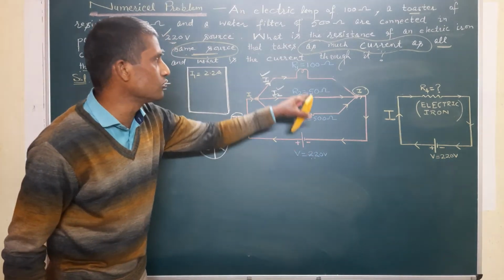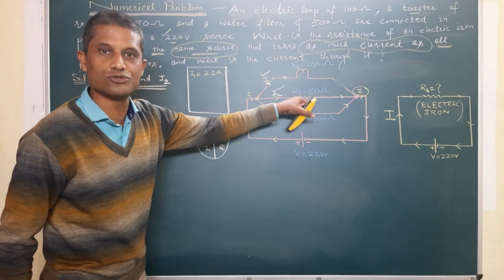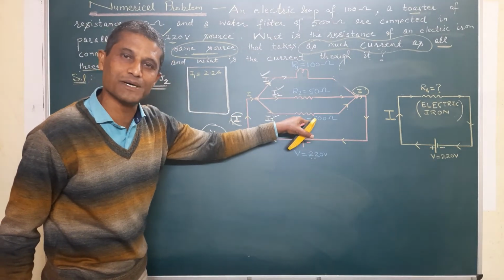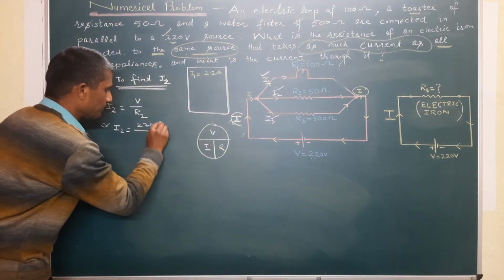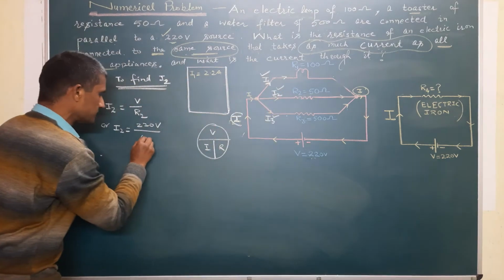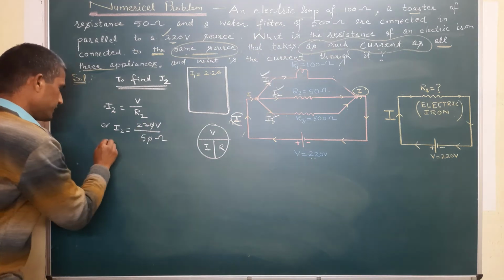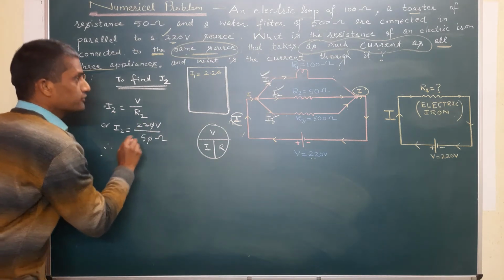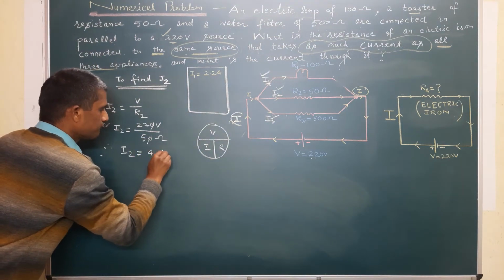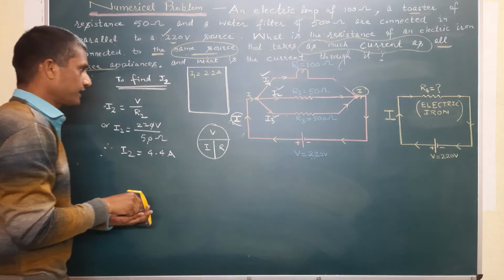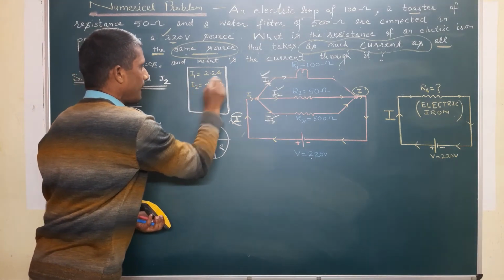So 220 volt is received by R1, the same voltage by R2, and the same by R3, thanks to the parallel combination. So 220 volt divided by R2, which is 50 ohm, gives I2, the current flowing through R2, equal to 4.4 ampere. We write it here: I2 is equal to 4.4 ampere.